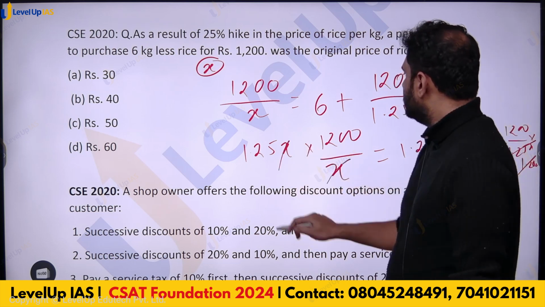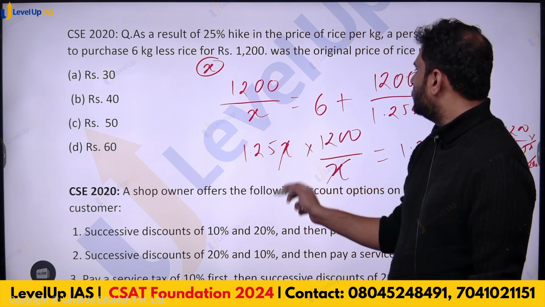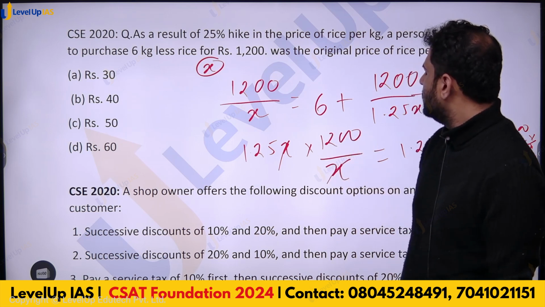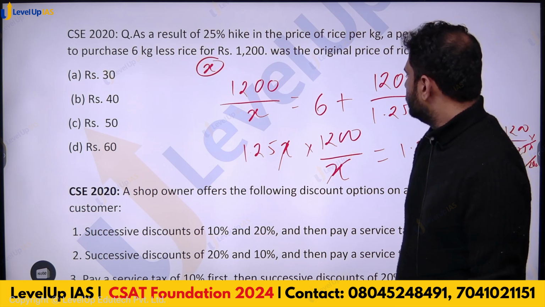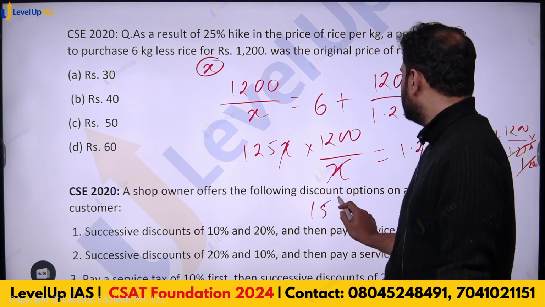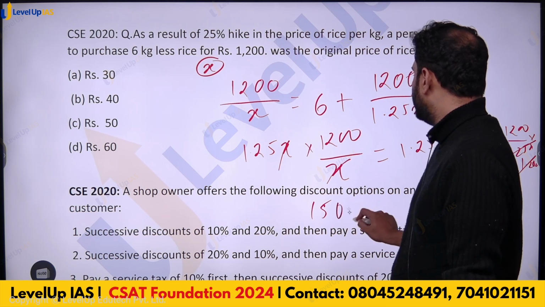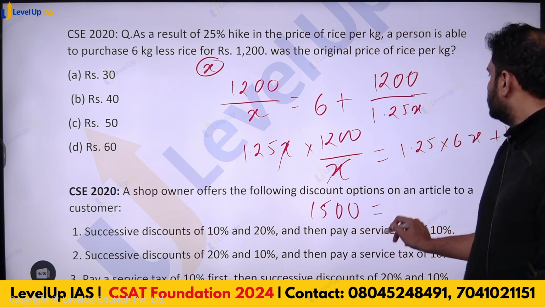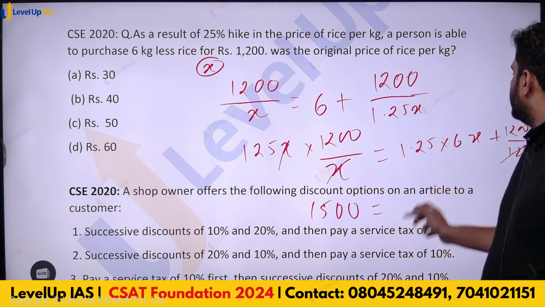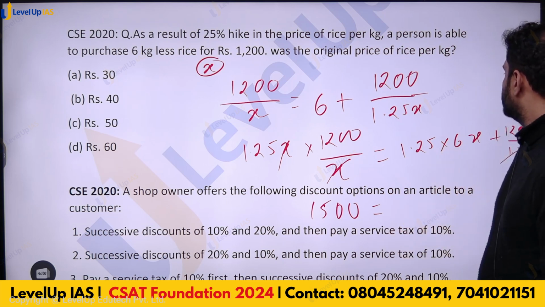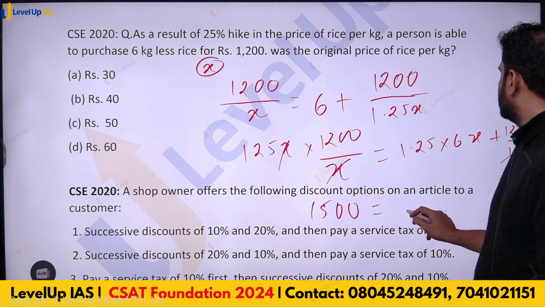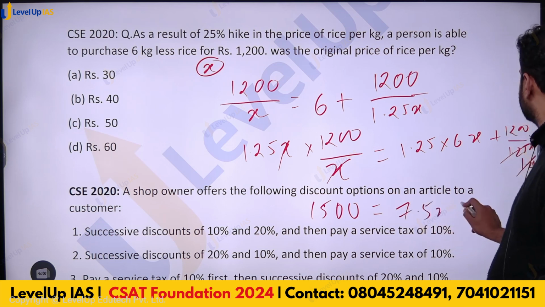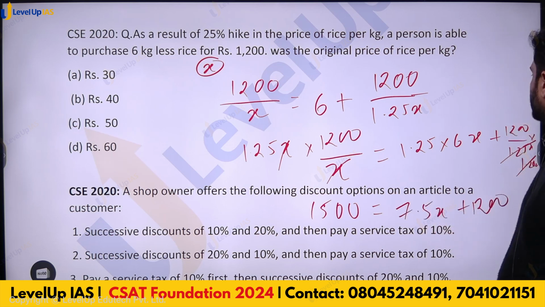And 1.25 into 1200 is 125 into 12, which is nothing but 250 into 6. So this is 1500, right, is equal to 1.25 into 6 is nothing but 7.5x plus 1200.